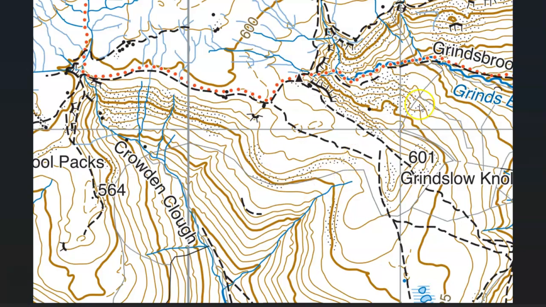Well, could we be in Grindsbrook, maybe looking from around about here upstream? This is the crag circled, and this being that second photograph with the re-entrant coming in there.